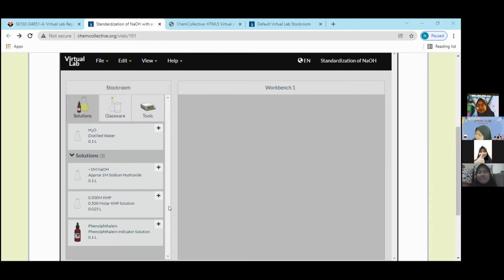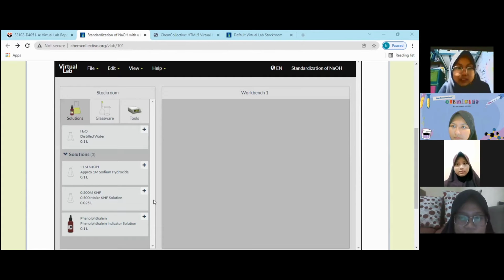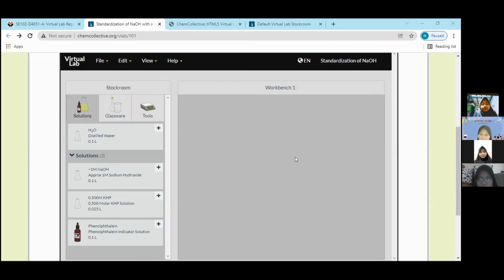After the two virtual labs, today's lesson is titration. Did you know about titration? A solution of known concentration is used to determine the concentration of an unknown solution.